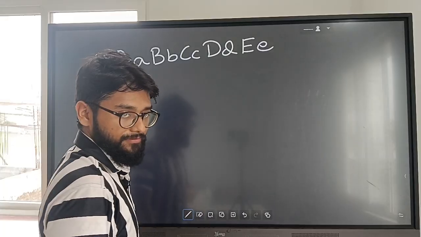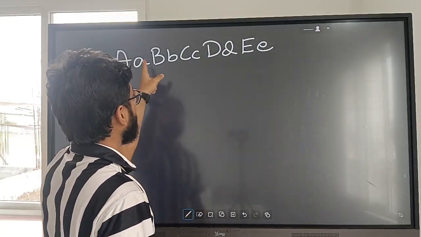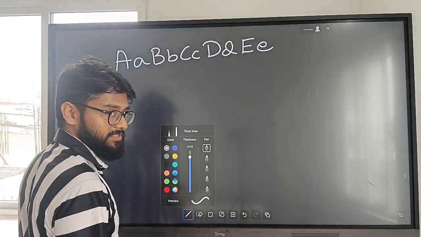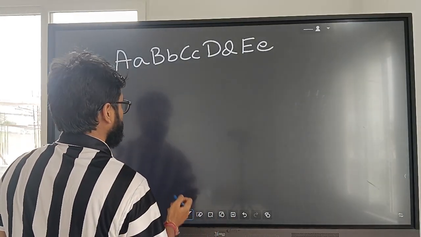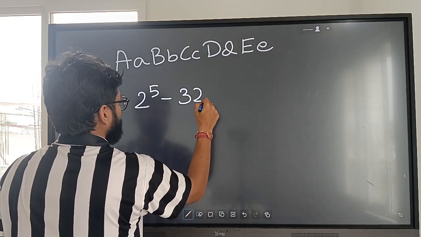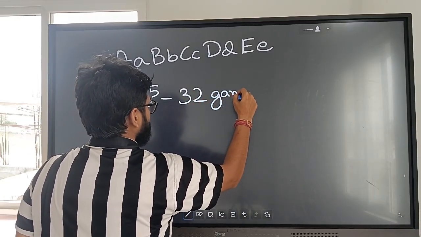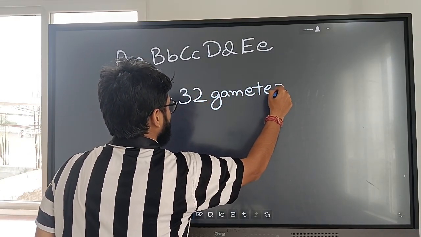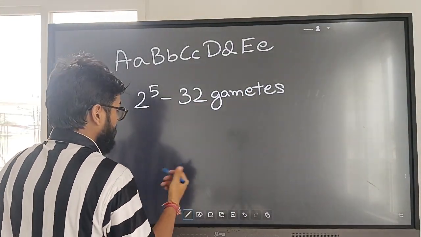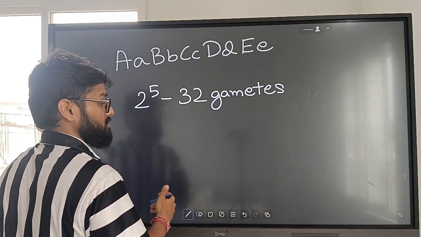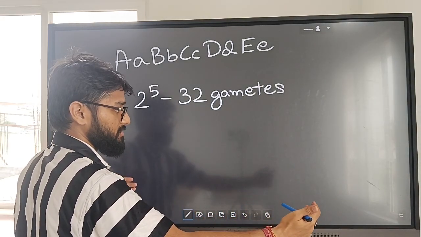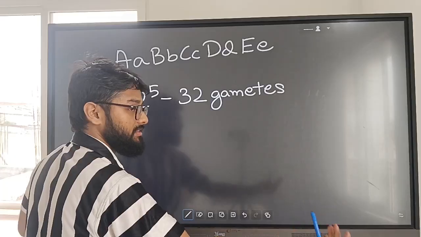Okay, so if we have 5 genes, A, B, C, D, E, what will we have? We can simply say that they will form 32 types of gametes. Correct? So in that simple case, what is the maximum number of possible combinations that you can receive in the F2?